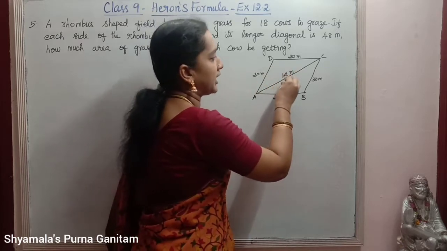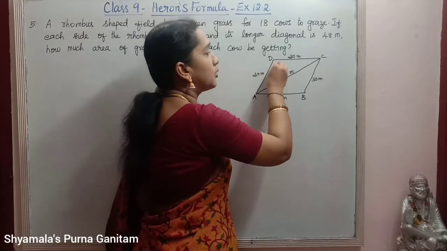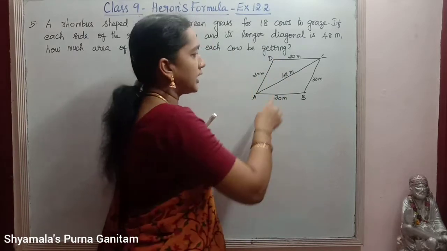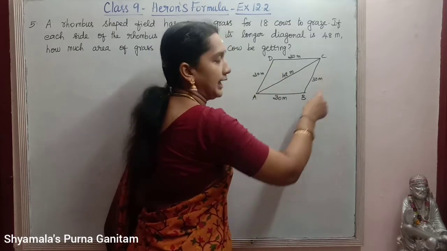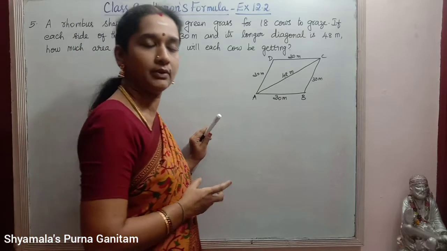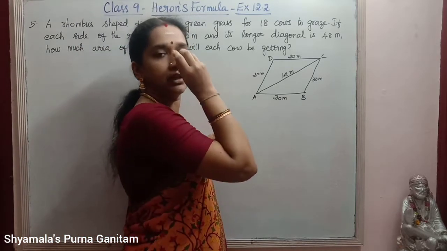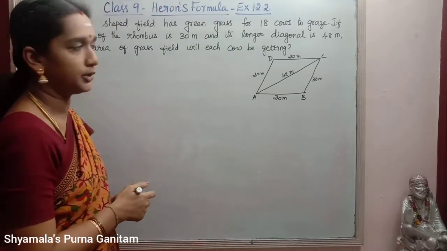So if we find the area of ABC, the same area will be equal to ADC also. If we find the area and multiply it by 2, we will get the area of the rhombus, and when it is divided by 18, we will get the area grazed by one cow. This is what we are going to do.